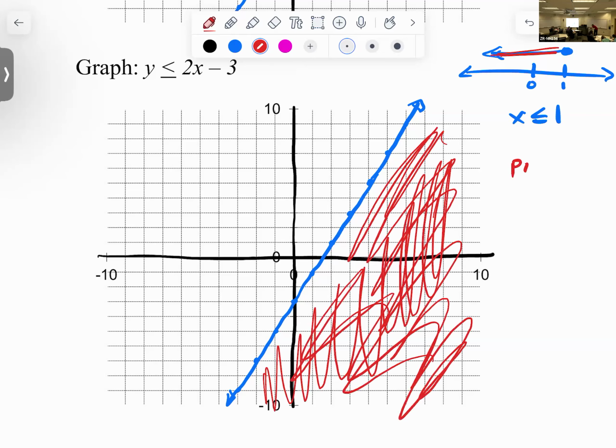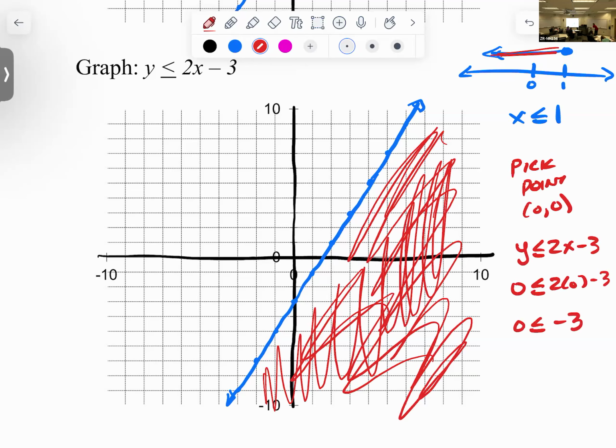And I can do the same thing when I pick the point. Because when I pick the point 0, 0, is 0 less than or equal to -3? No, that's a false statement, which basically says don't shade 0, 0.